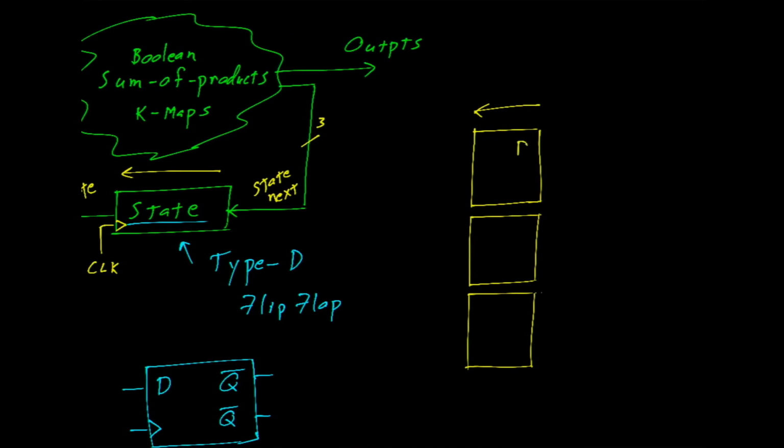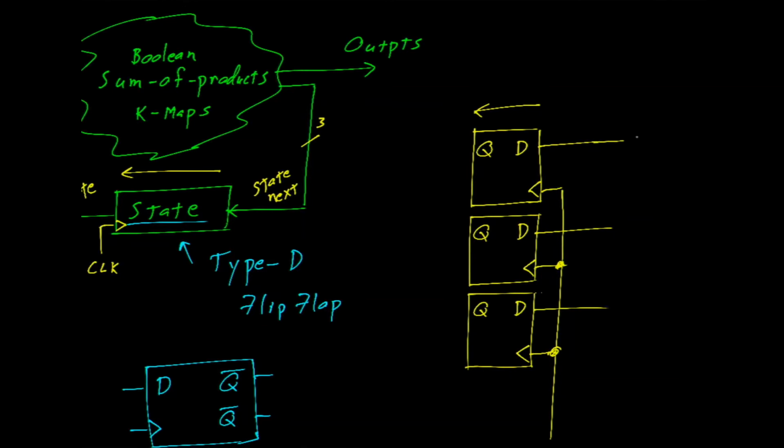We'll put the data input here and the Q here, the clock signals here. Let's tie all of the clock signals together. And now here are the 3 state next inputs, and here are the 3 state outputs.